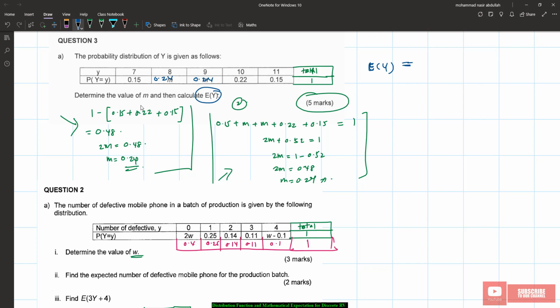The expected of y should be 7 multiplied with 0.15 plus 8 multiplied with 0.24 plus 9 multiplied with 0.24 plus 10 multiplied with 0.22 plus 11 multiplied with 0.15. So you just plug the values into the formula and calculate, and you will get the expected of y.